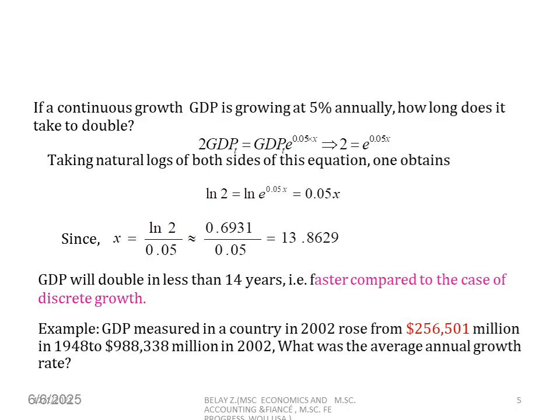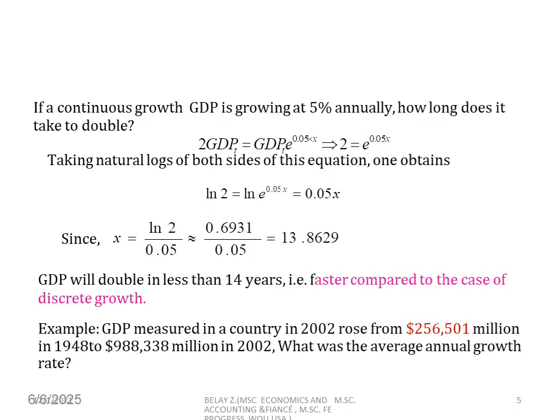Taking the natural log of both sides of this equation, one obtains ln 2 is equal to ln e to the power of 0.05 times x, which is equal to 0.05x.